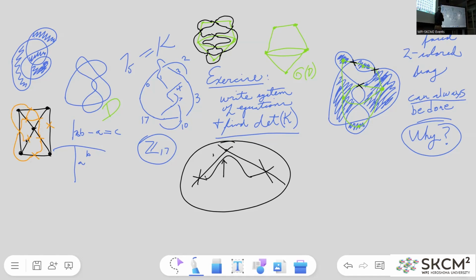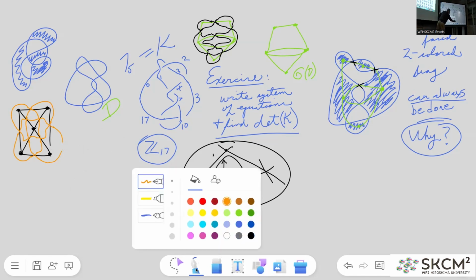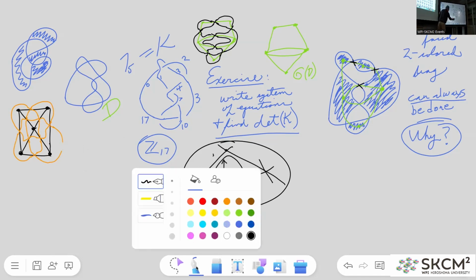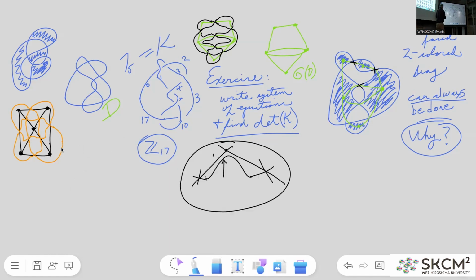That seems to be done, and we have a little something to erase here. So there's my diagram of a knot.